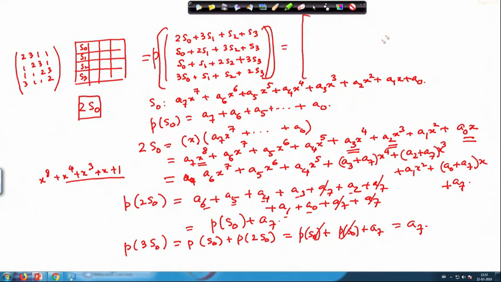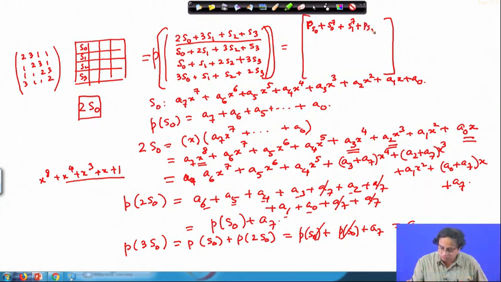Every element here will, for example, have 2A0. If I just consider 2A0, this will be parity of S0. Since I am doing 2S0, there will be an S0 7, the 7th bit of S0, plus 3S1 will be the 7th bit of S1, plus parity of S2 plus parity of S3.